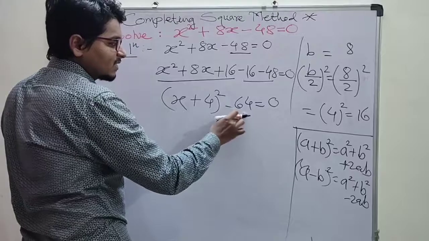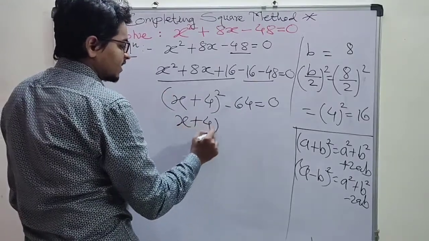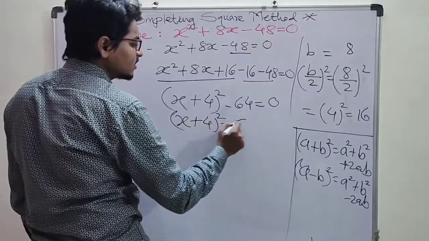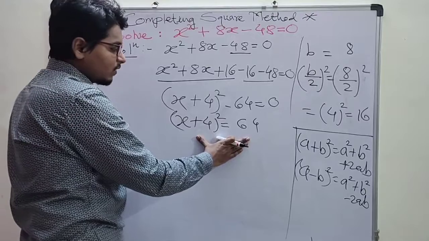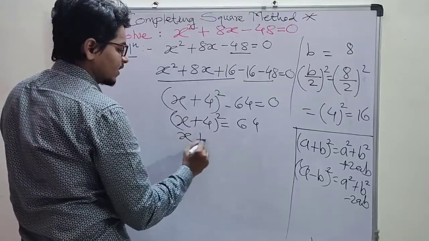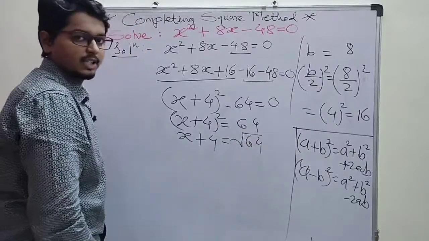Then shifting this minus 64 to the right side of the equation, we get x plus 4 square is equal to plus 64. Now taking the square root of both sides, we get x plus 4 is equal to square root of 64.